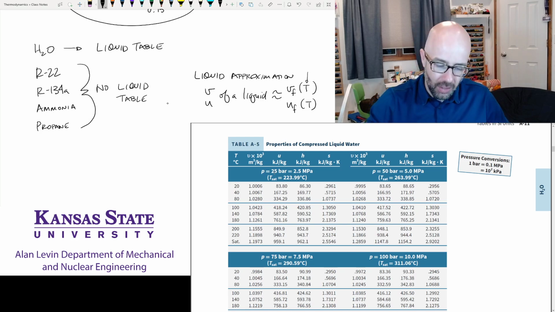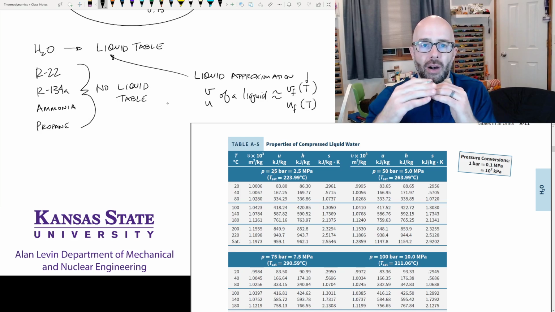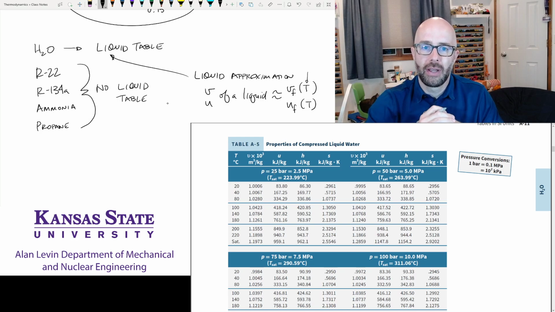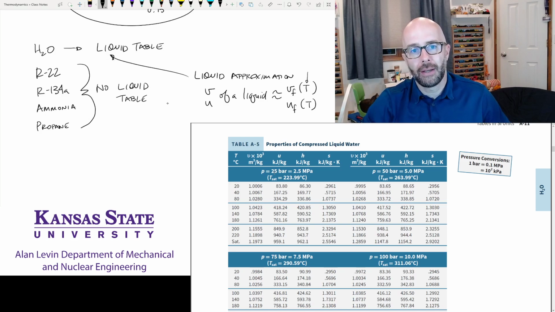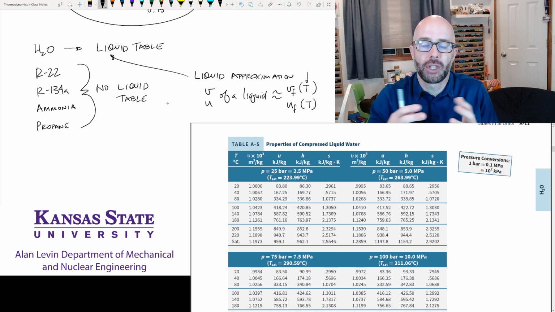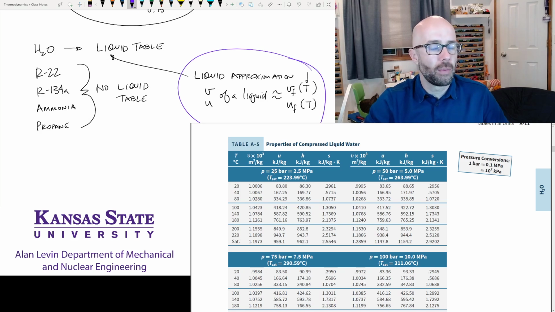Well, you're also going to use a liquid approximation for liquid water in that lower pressure range. Only when you get to the higher pressure compressed waters do the specific volume and internal energy become much different than the saturated liquid properties at the given temperature, so that you can look them up in an actual table. But the liquid approximation is going to be one of your primary tools for finding the properties for liquids.